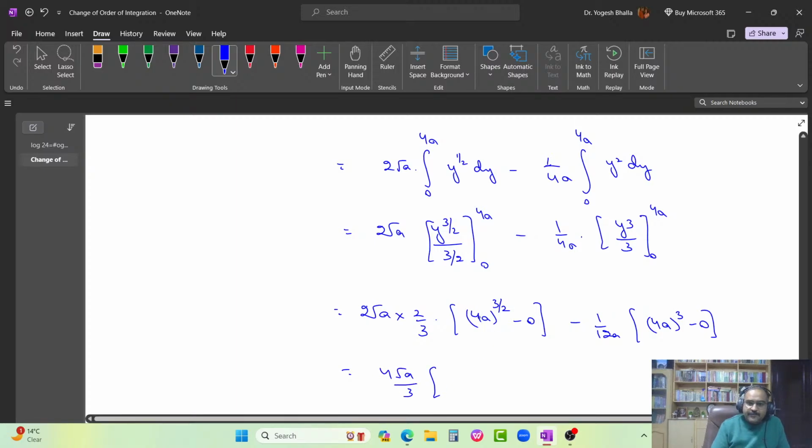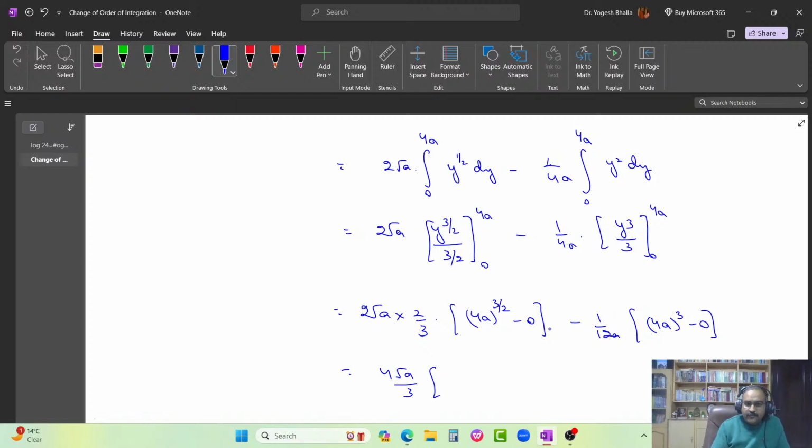Now we have 4 cube. 4 4s are 16, 16 4s are 64, and root of it will be 8. So a raised to power 3 by 2 minus 1 by 12a into 64 a cube.